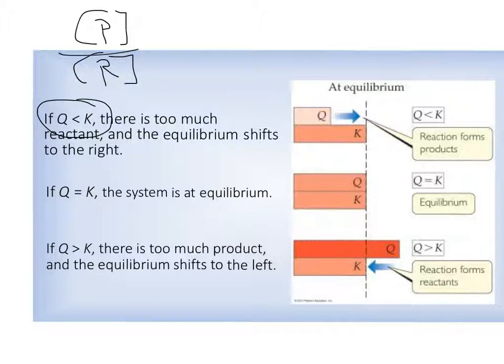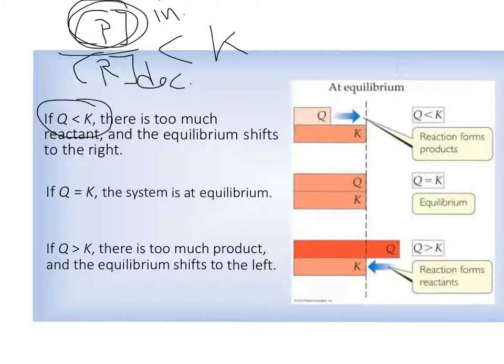If this is smaller than it would be at equilibrium, that means I need to make more products to get to equilibrium. So the numerator needs to increase and the denominator needs to decrease in order for us to get a ratio that is equivalent to the constant, which happens to be a larger value than where we've currently assessed things.